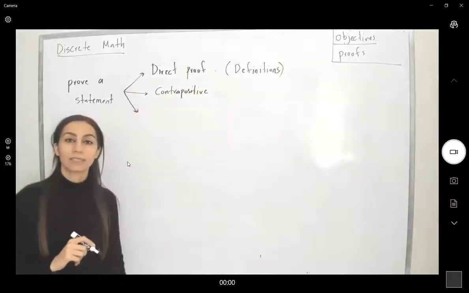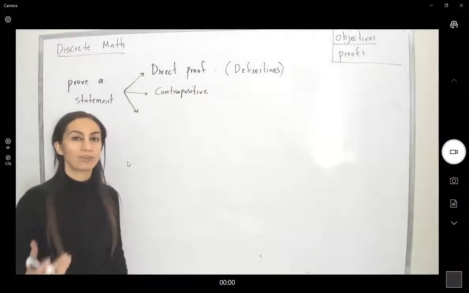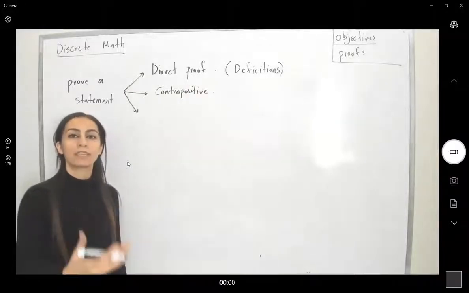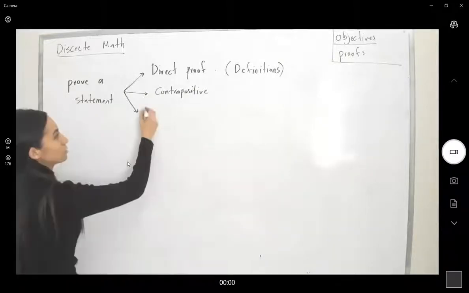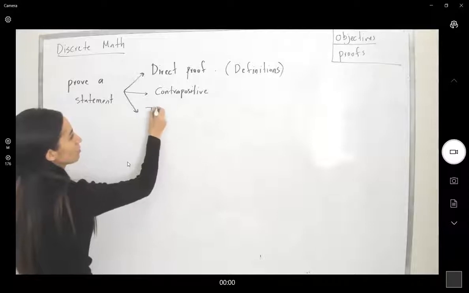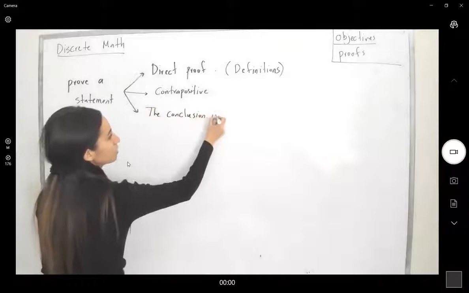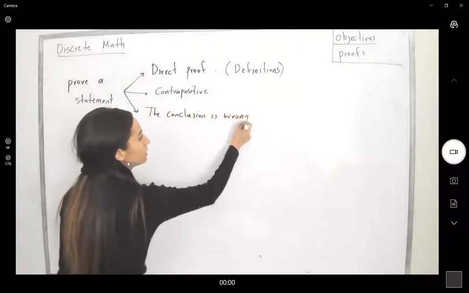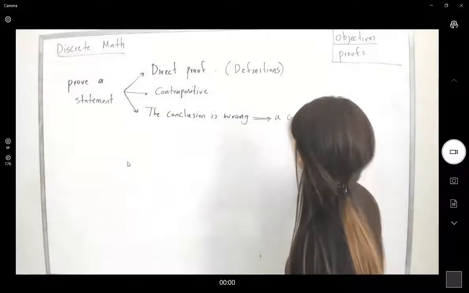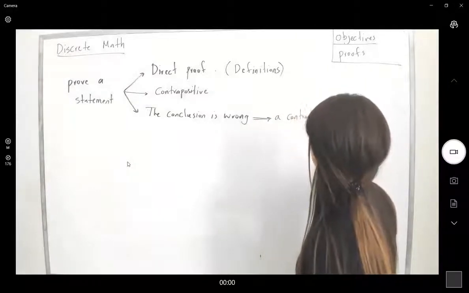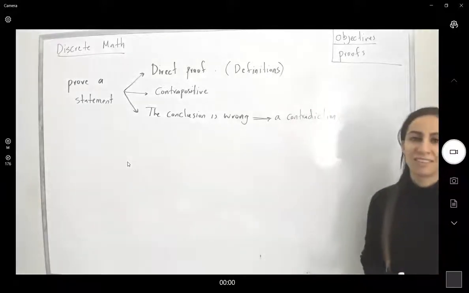Some other times you can say, hey, what if the conclusion is not correct? What do we get by having a wrong conclusion? The conclusion is wrong, and in this case, it results in a contradiction with some simple facts.